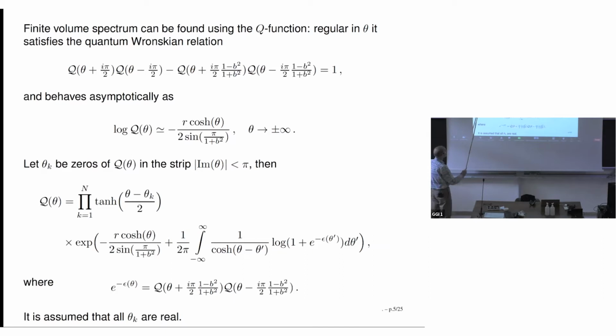There is a function which is regular, an entire function in the plane of theta. Theta is rapidity, and it satisfies the following relation. And the asymptotics when theta goes to plus minus infinity along the real axis is like that.